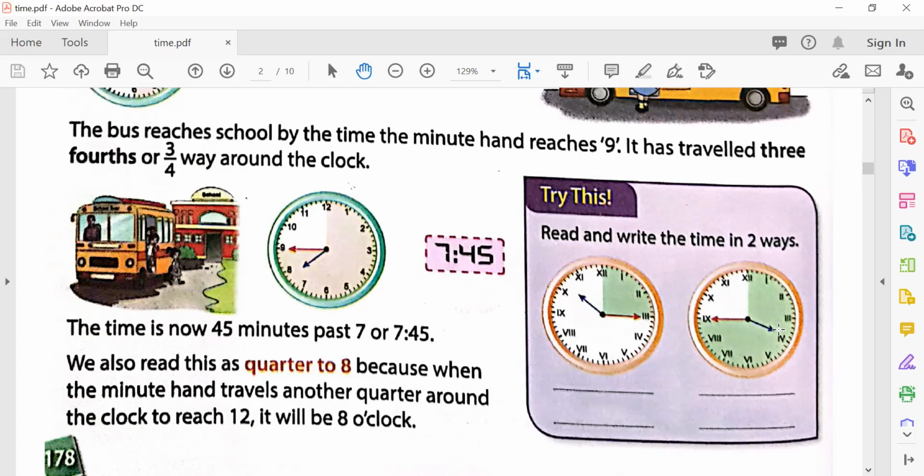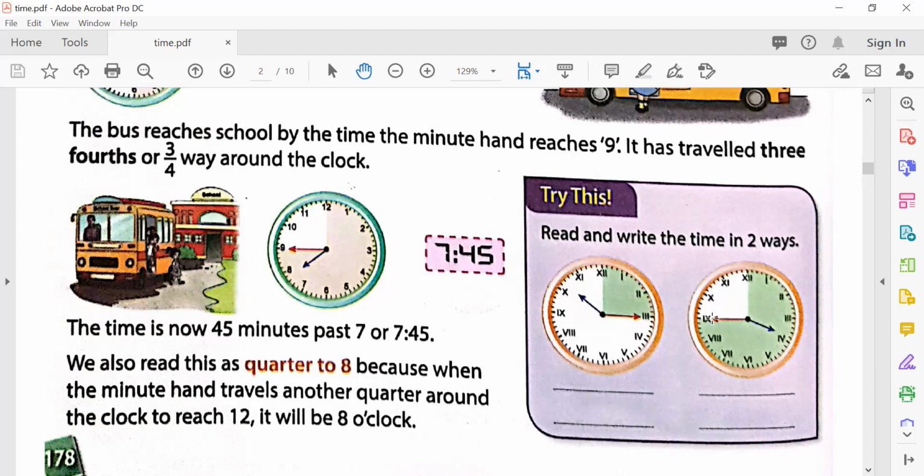It's going to be 4. This hand is near 4. So you will say 3:45, or you say quarter to 4. What will you say? Quarter to 4. In 15 minutes' time, it will become 4.